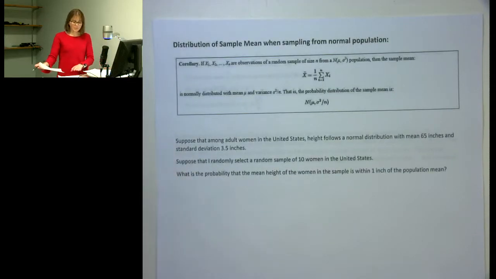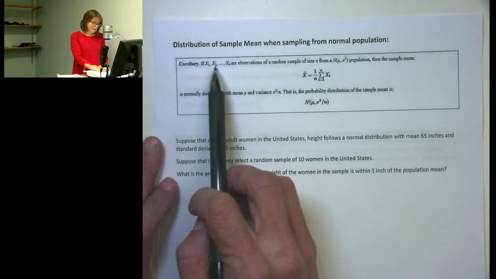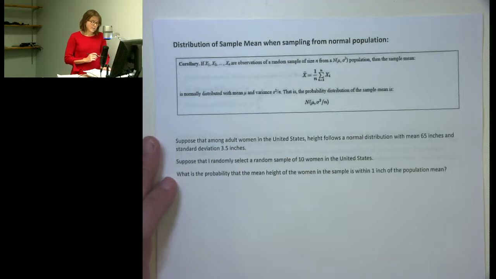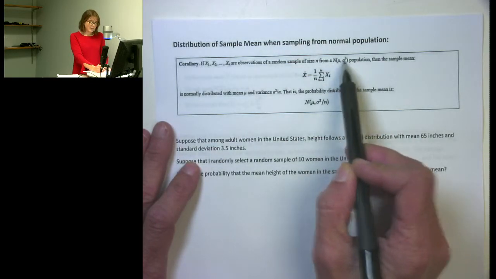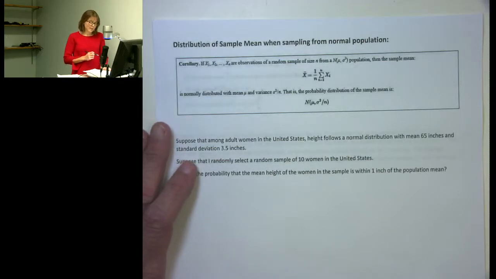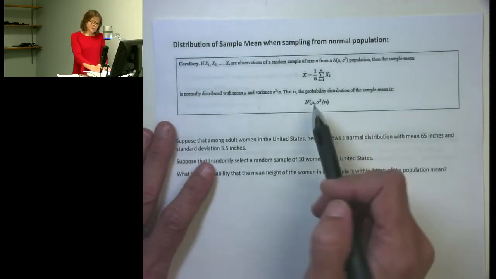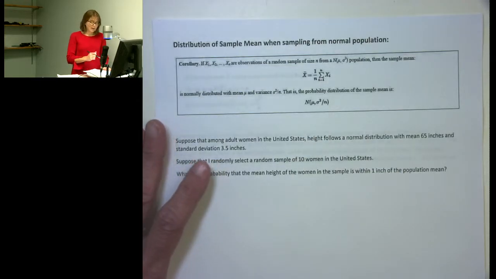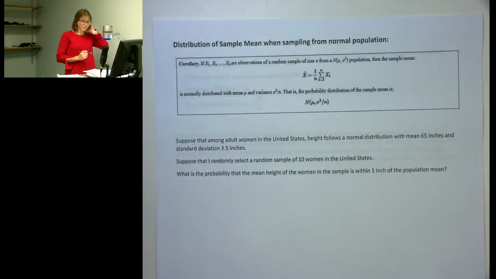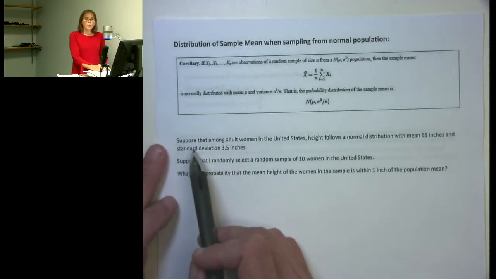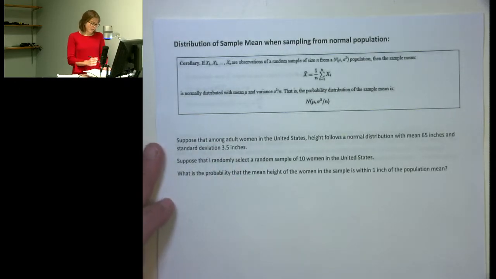The corollary of this theorem tells us that if we have x1, x2, up to xn, observations from a random sample of size n, taken from a normal distribution with common mean mu and variance sigma squared, then the sample mean has a normal distribution, and the mean of that distribution is going to be at the population mean mu, and the variance is going to be sigma squared over the sample size n. So we'll use this then to answer other types of questions.